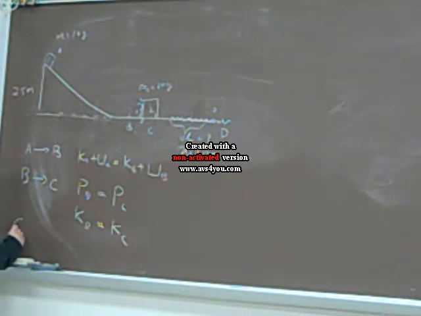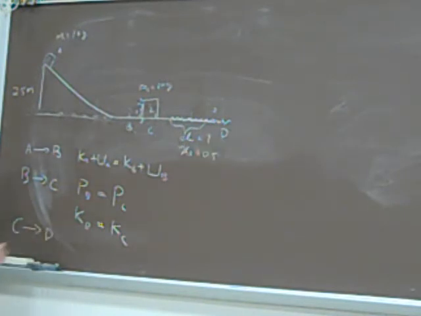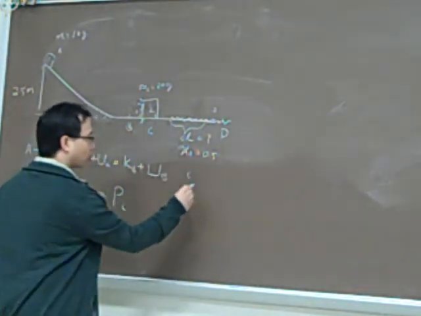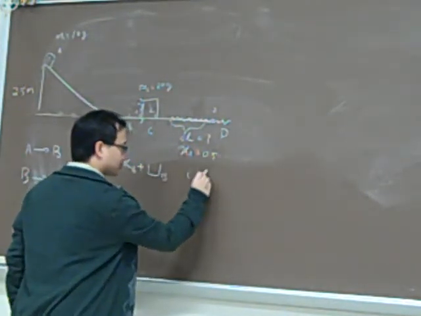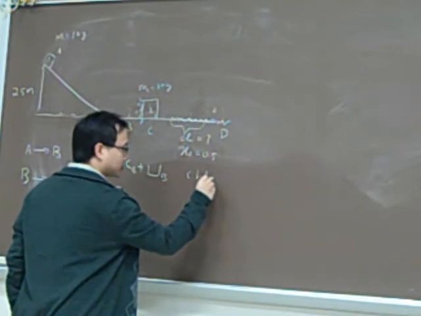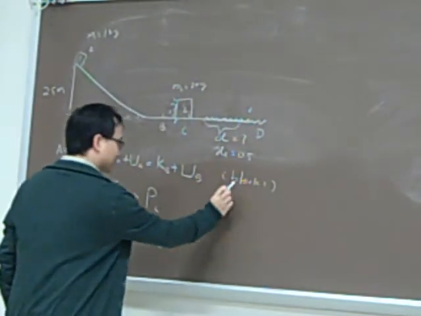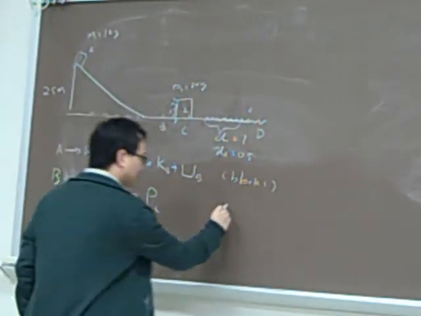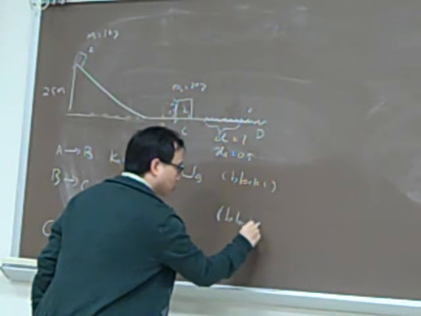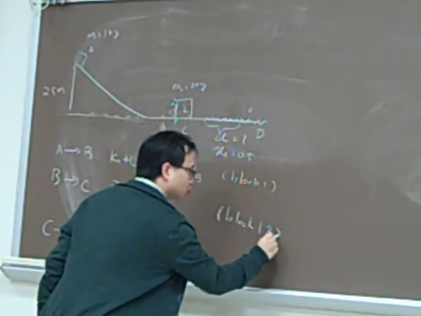And then for C to D, okay, by the way, we also need to see this is for block 1, right? From A to B, we consider block 1. And for B to C, it's a collision process. So you need to consider both block 1 and 2.